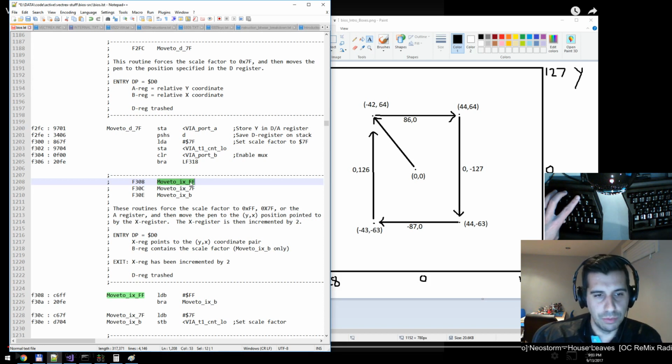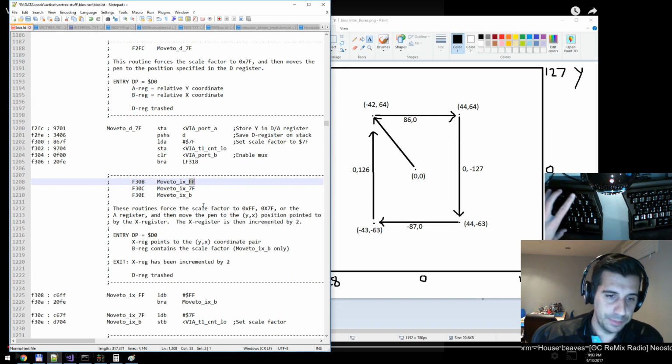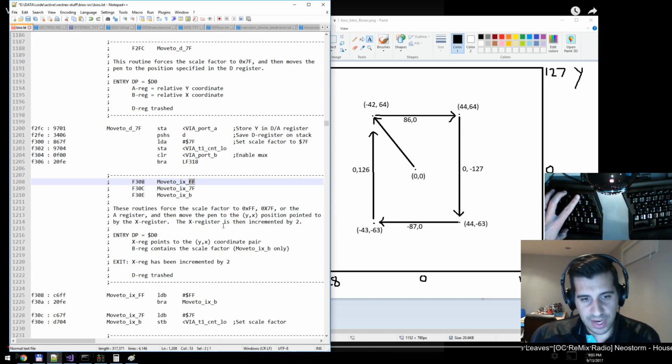Okay, that's it, so move as quickly as possible. If you recall, the scale factor is basically the time in timer 1, so saying make it the fastest possible. And move the pen to the YX position pointed to by the X register. And then the X register is incremented by 2, so basically the pointer is moved to the next coordinate pair.